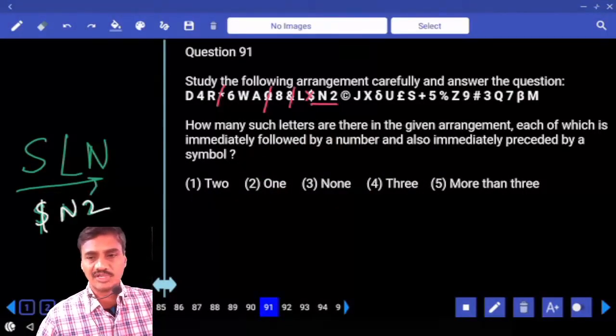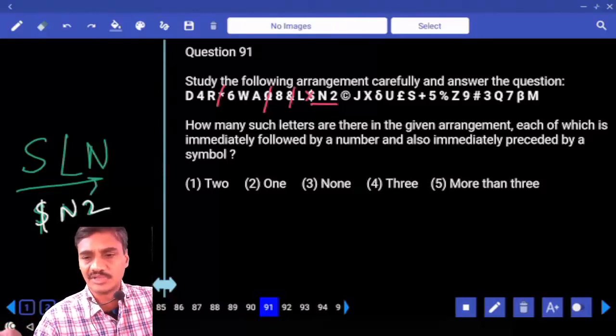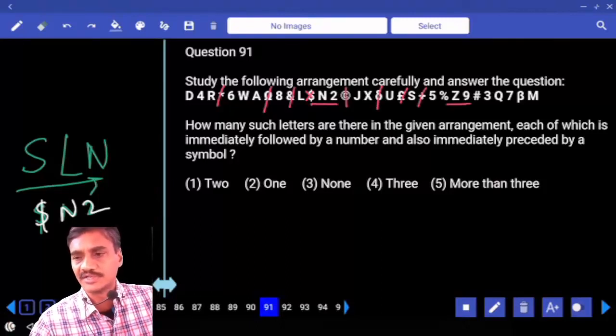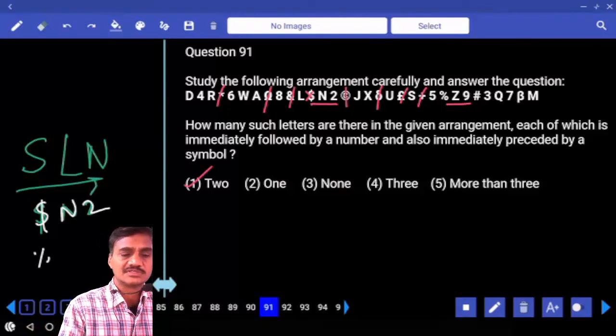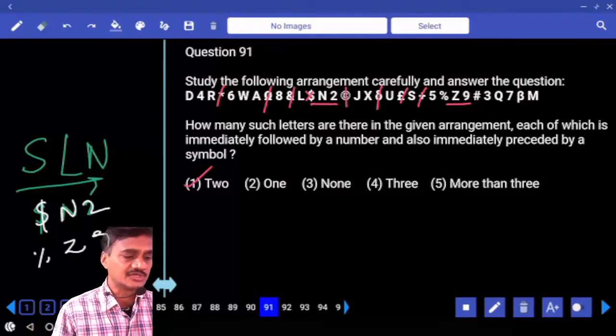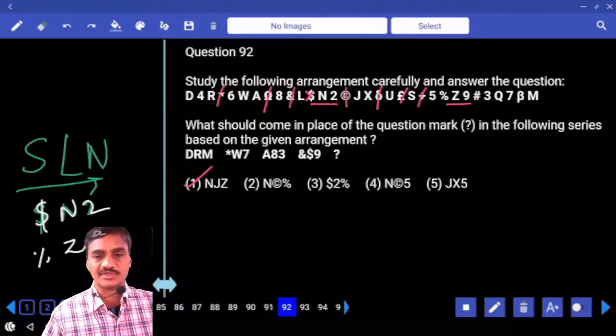Others are symbol and letter but not a number. Another fits symbol, letter and number: percentage, Z and 9. So there are 2 of such type, choice 1, question 91.